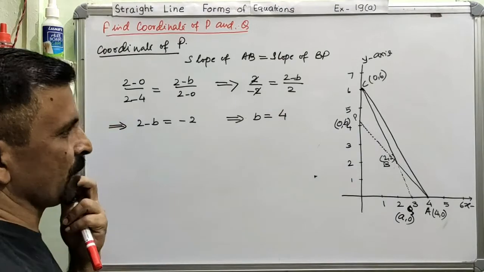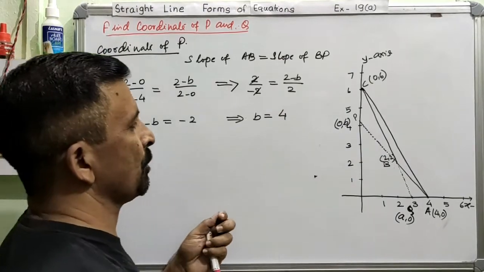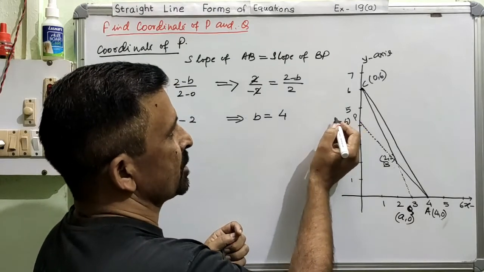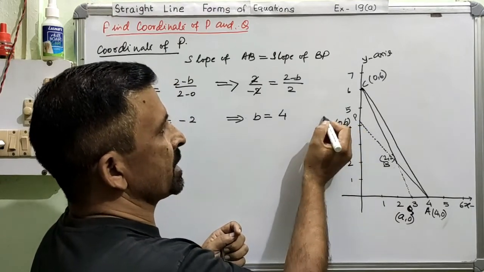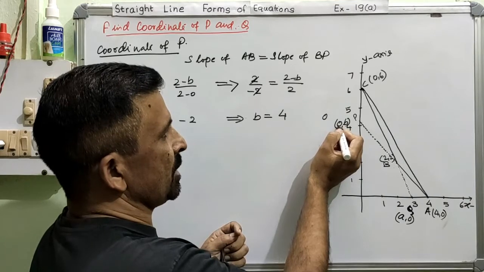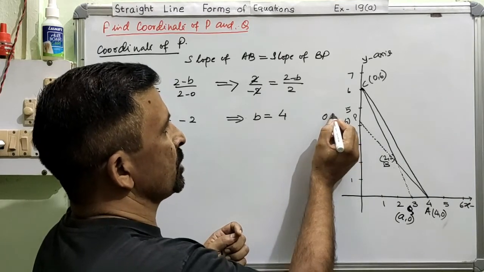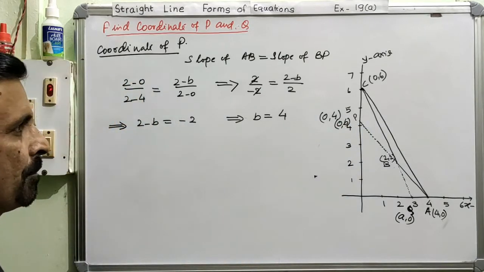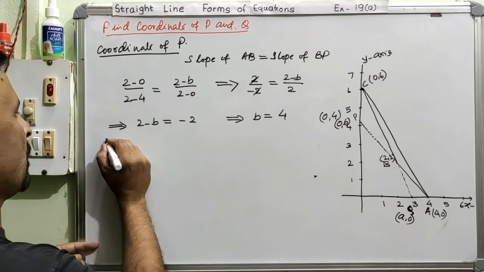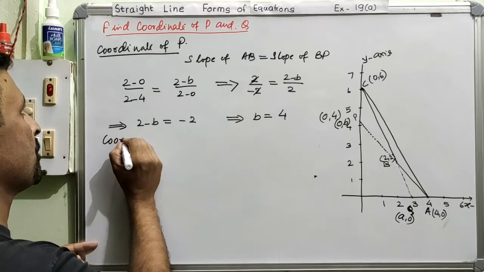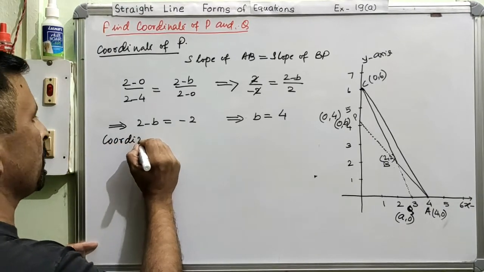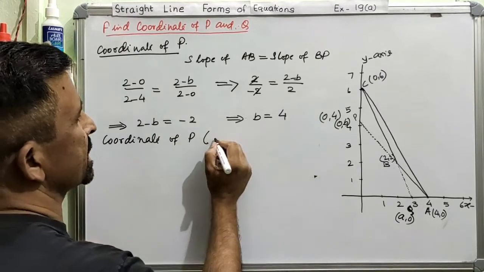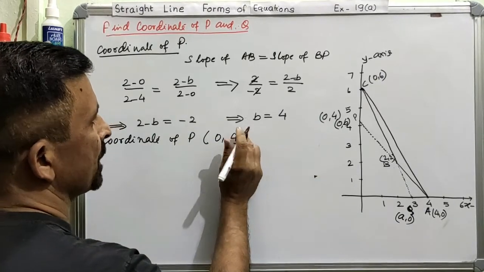So this is the coordinate of point P: x remains 0 and the y value is 4. The coordinate of P is calculated as (0, 4).